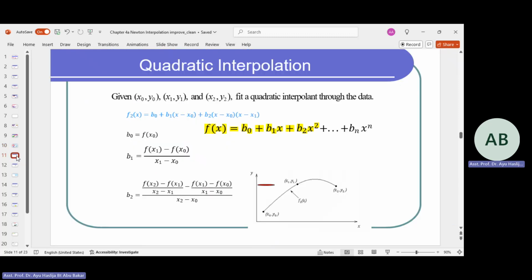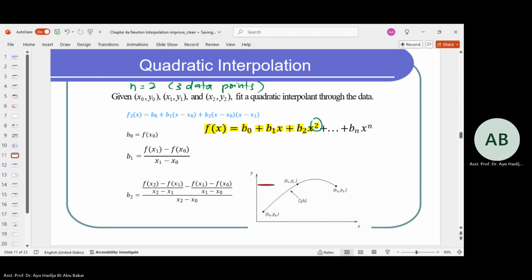Okay, now we move to n equals to 2, where you should have 3 data points. Okay, n equals to 2, quadratic. Quadratic is n equals to 2, so you should have 3 data points. This one you should know first.